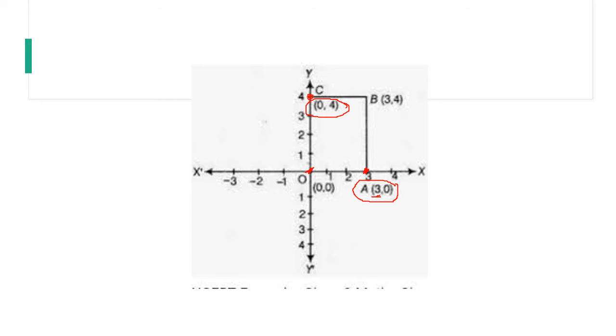So what do we understand from this? Suppose any point is on the x axis, then its x coordinate will be mentioned, but the y coordinate will be 0. If any point is on the y axis, then its x coordinate will be 0 and the y coordinate will be the given value. So I hope everything is clear to you.